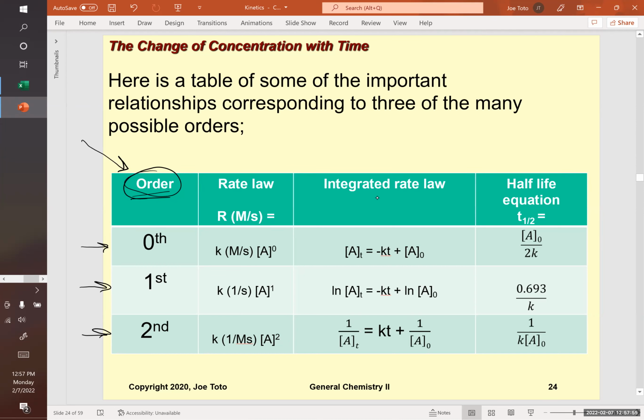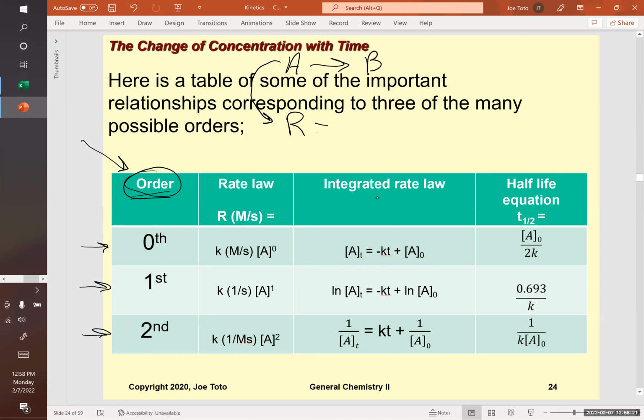All right, so we know what the rate law looks like. For example, if I have some reaction, A goes to B, then as soon as I write down that reaction, I've defined my reactants and my products, so I know the form of the rate law right away.